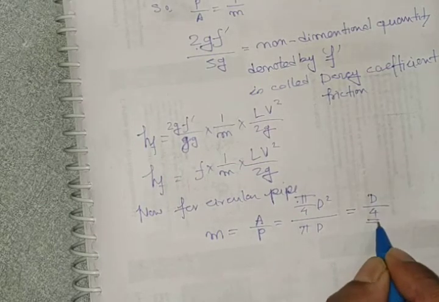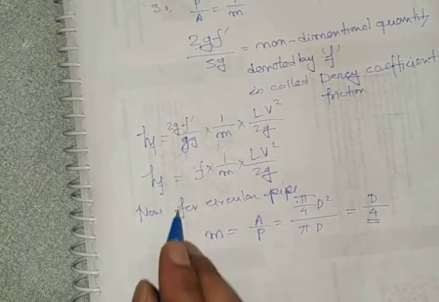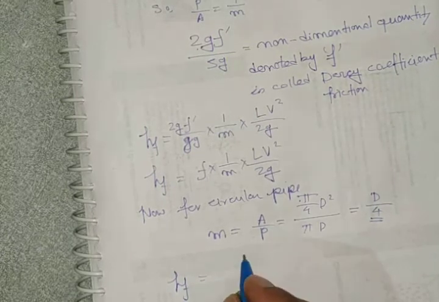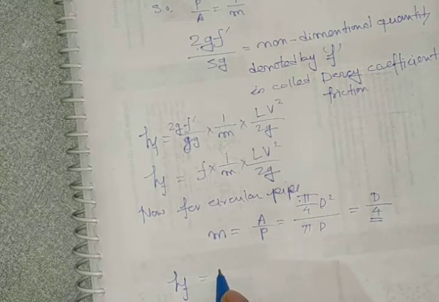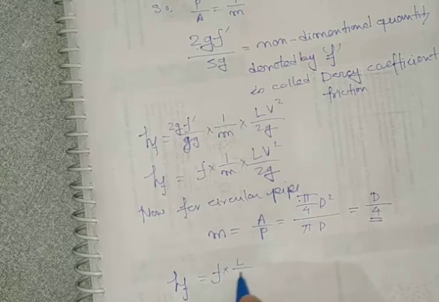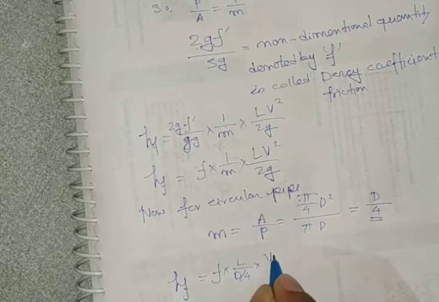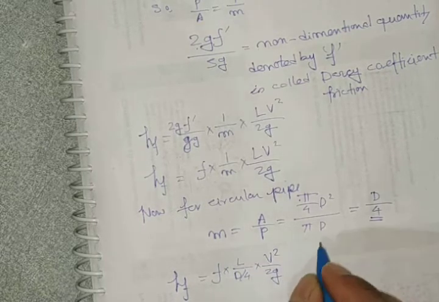So if I put the value of m in this equation, you will get f into L into 4 by D into V square by 2g.